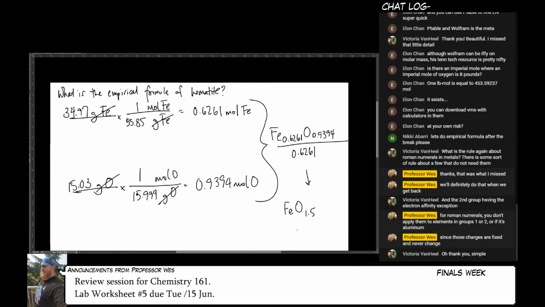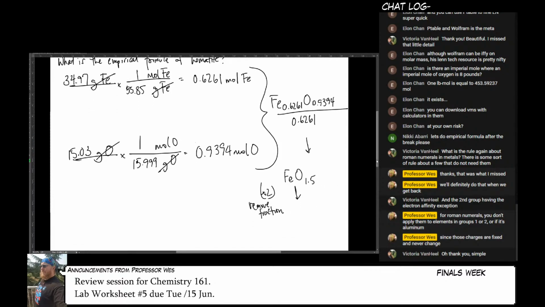Now, you can't have fractions, so we have to multiply by 2 to remove the fraction. When you do empirical formulas, sometimes you land on decimals because your empirical formula doesn't actually have a 1 in it. So in this case, this is the empirical formula. The simplest ratio of the elements is 2 to 3.